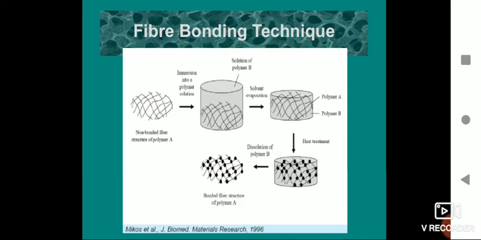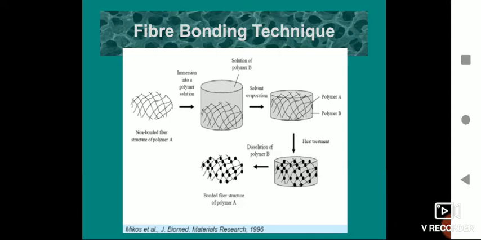When the evaporation takes place, all the solvent will go out, will evaporate, leaving behind the combined polymer A and polymer B. This polymer A and polymer B, when it is heated again, further bonding takes place that leads to formation of a web-like structure or a net-like structure. Later on, whatever unbound polymer is there, that is removed through dissolution.